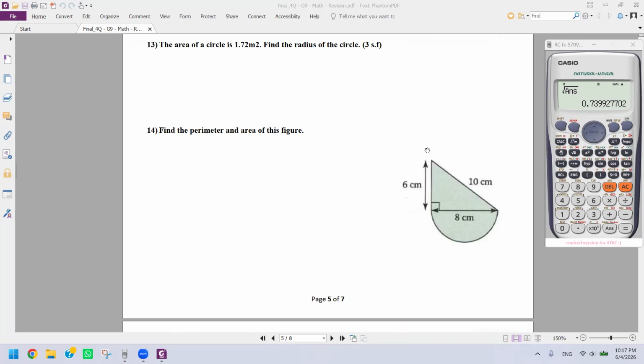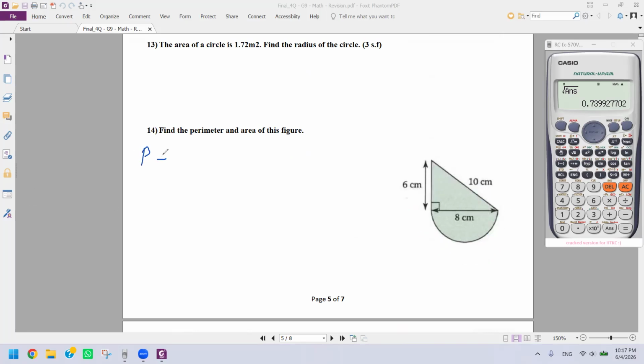This is 10. This is 6. And do I add the inside one? No, only the outside. Now I need to know this one. This is a semicircle, half of the circle. So if I find the circumference and I divide it by 2, I will get that part.